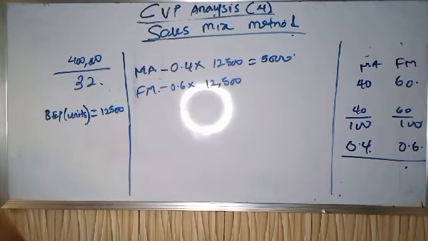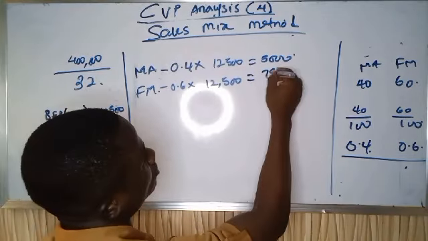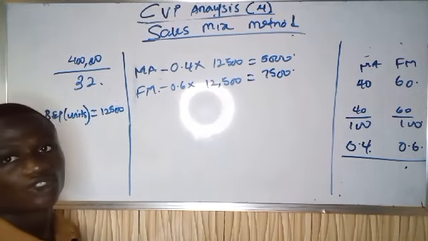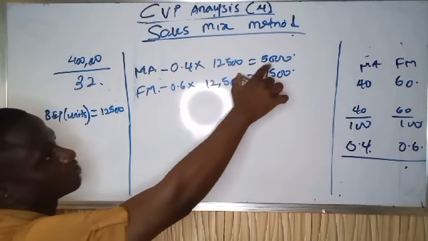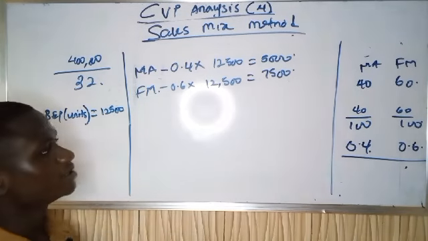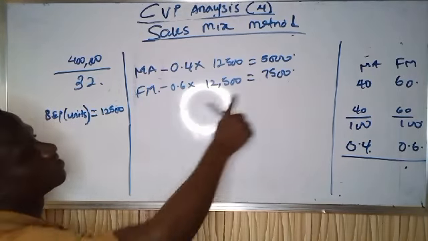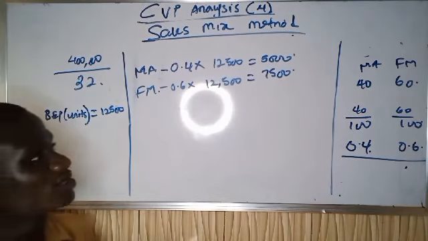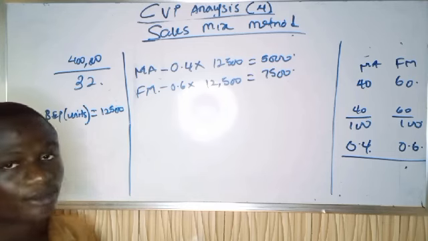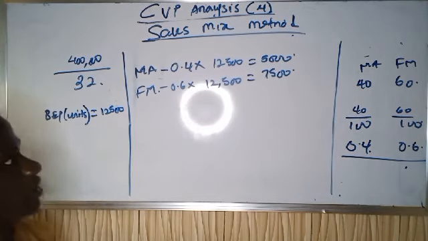While FM is 7,500 units. So of the two products produced, we produce 5,000 units of MA for us to break even, and we produce 7,500 units of FM for us to break even. Now, how do we get the break-even point in value?